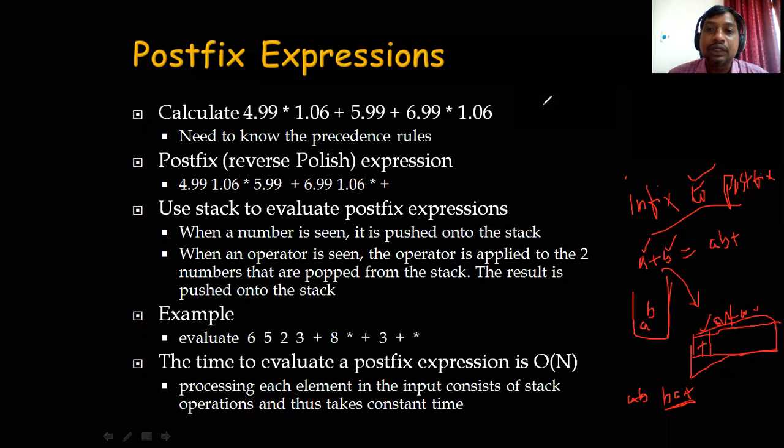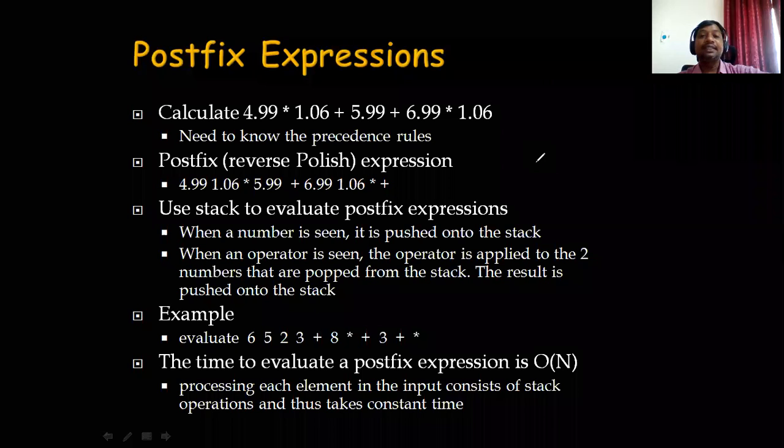Another application of stacks is that it is used for function call evolution.